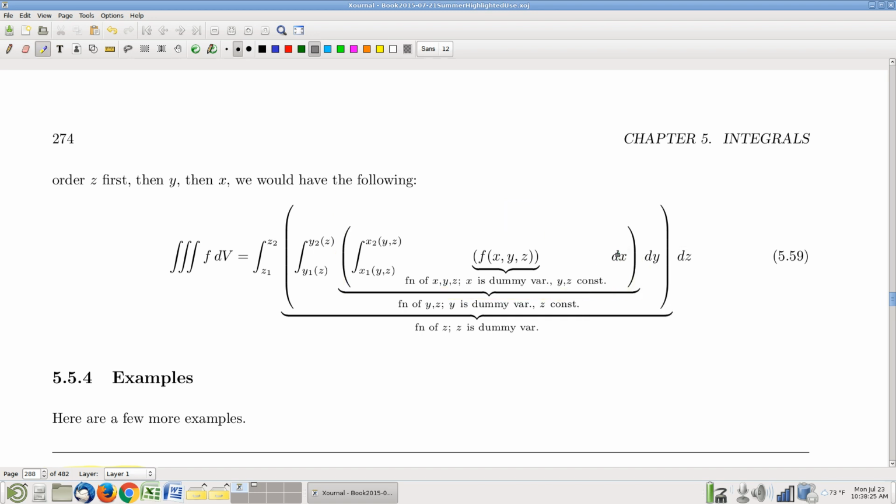Okay, and likewise as you go further out, look at this second integral. In that second integral, y is the variable. And there's only one variable further to the outside, that's z. We treat z as a constant.